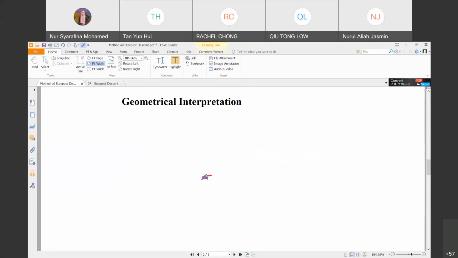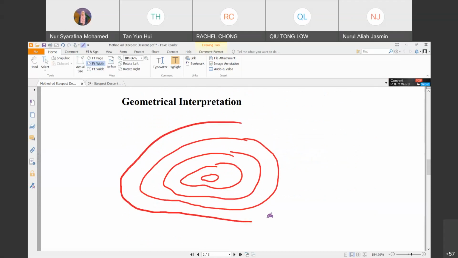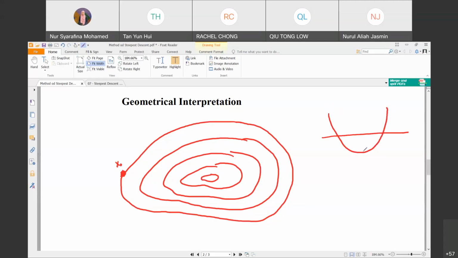Let's say this is the contour of f, and this is your starting point. Let's use a quadratic. This is your quadratic contour, and this is the minimum point.